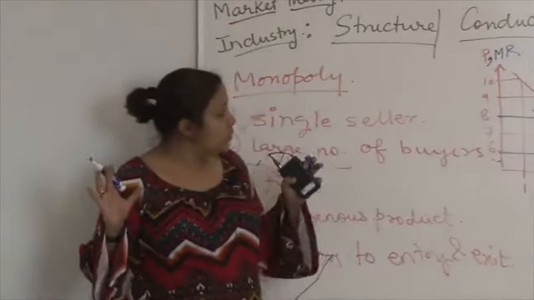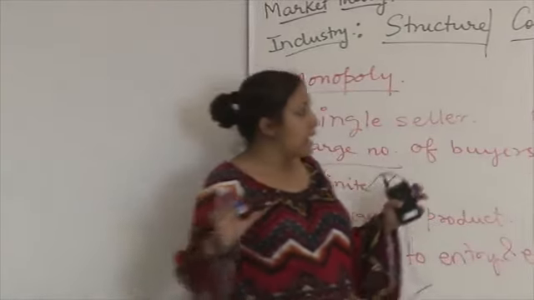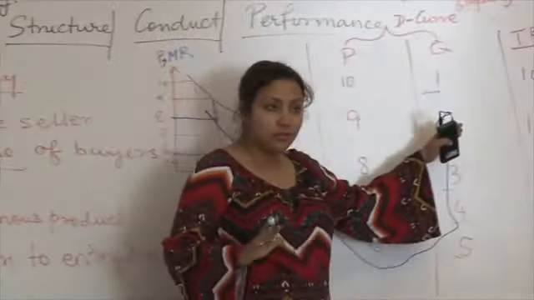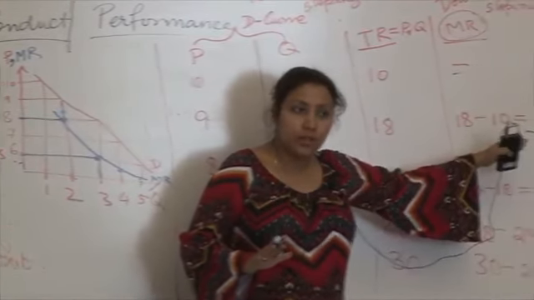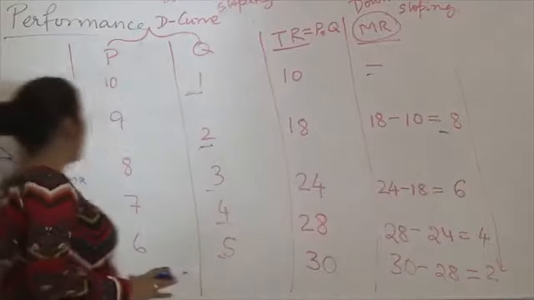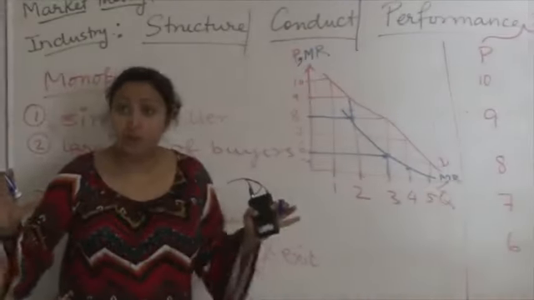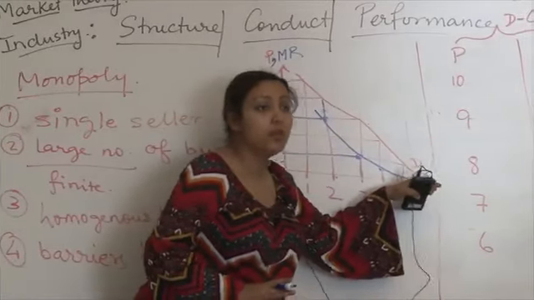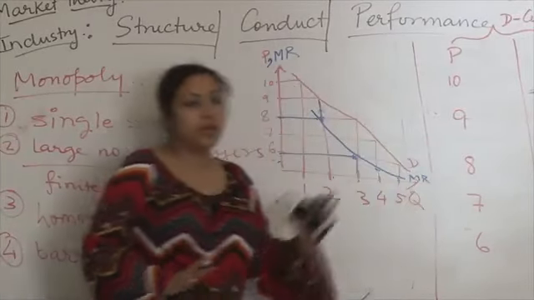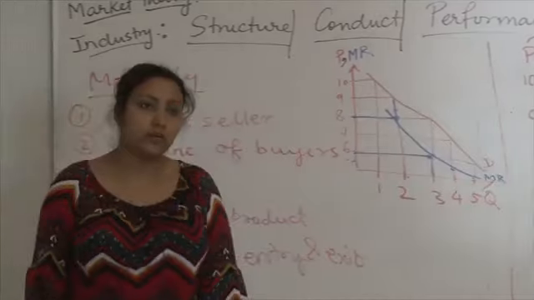So, what I am trying to tell you is that if the law of demand holds and if the law of diminishing marginal revenue holds, then both these curves will always be downward sloping, but the marginal revenue curve will always be below the demand curve. Can you please write that down?